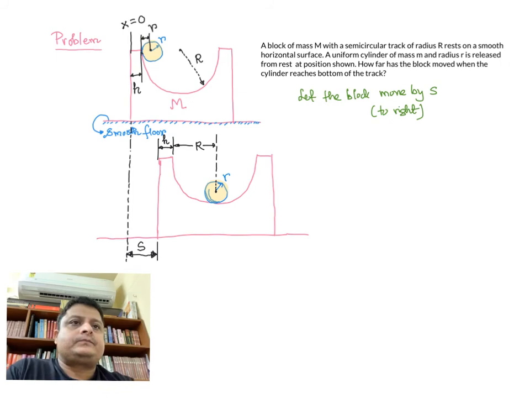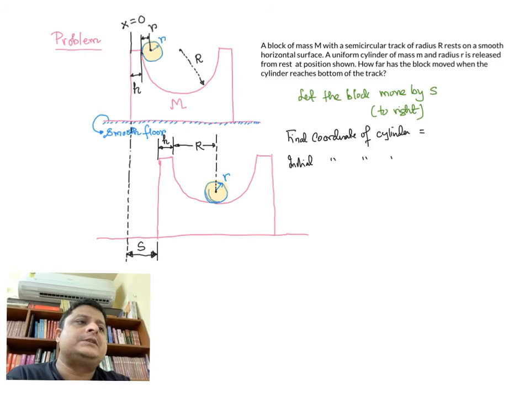So what is the final coordinate? Final, as per the chosen coordinate system, final coordinate of the cylinder minus the initial coordinate of the cylinder, then we can find out the delta x for the cylinder.